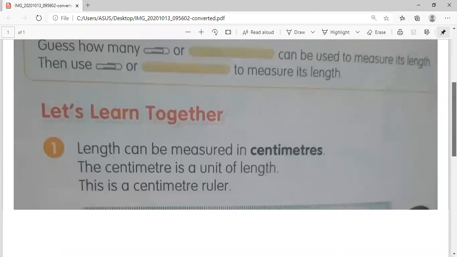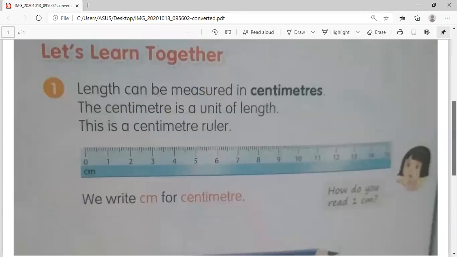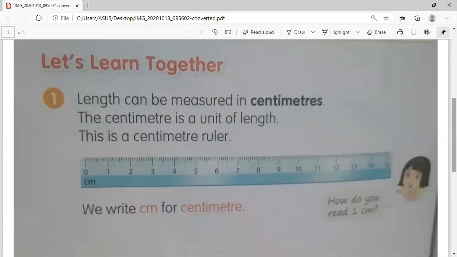Okay, for example, length can be measured in centimeters. The centimeter is a unit of length. Now, I want to make sure that you have a, how to say this, a ruler, yeah? You have a ruler, and that ruler is a centimeter ruler.